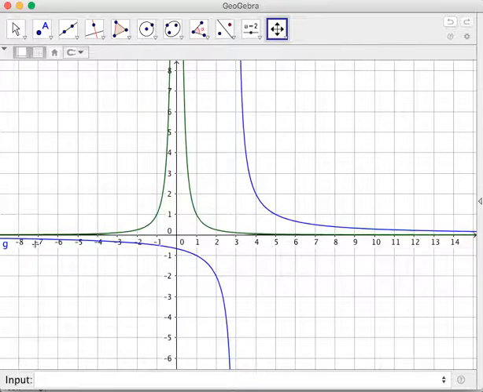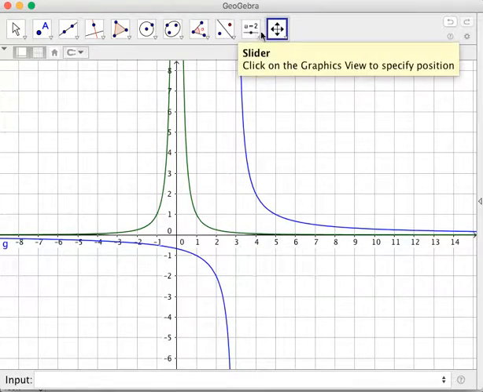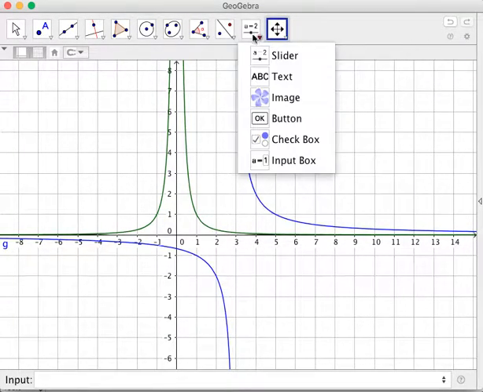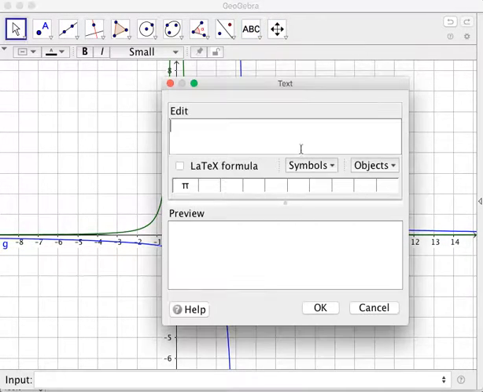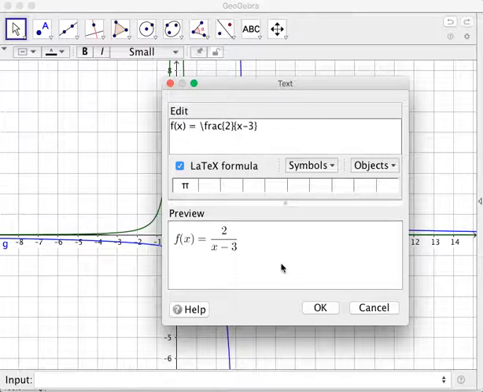As x approaches 3, the blue graph is f of x equals 2 over x minus 3. That's the equation.